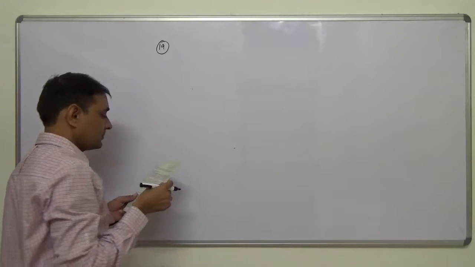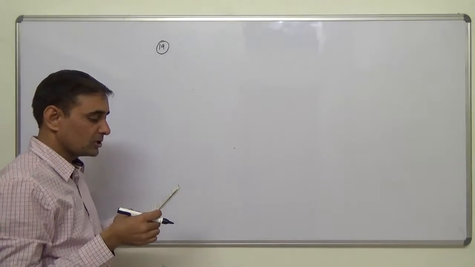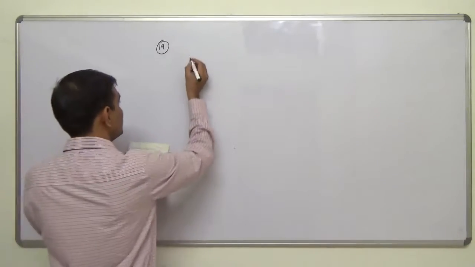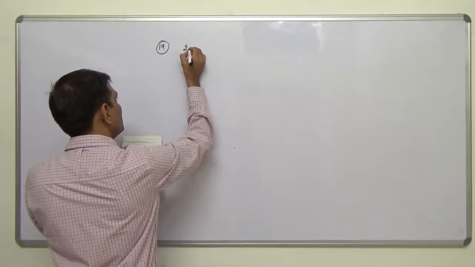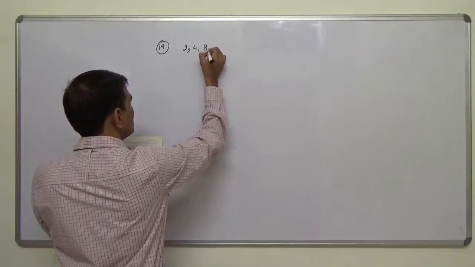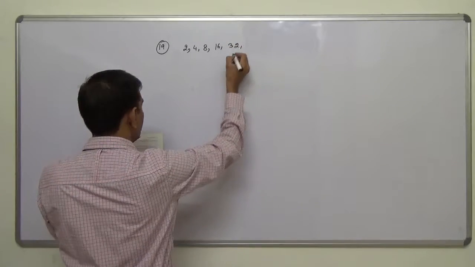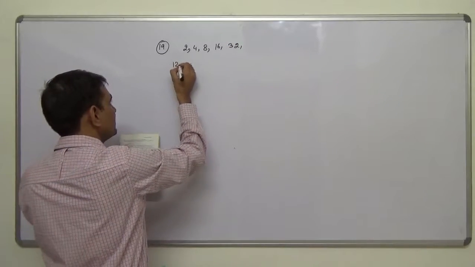Find the sum and product of the corresponding terms of the sequences. One sequence is 2, 4, 8, 16, 32, right? And the second sequence is 128, 32, 8, 2 and half, right?